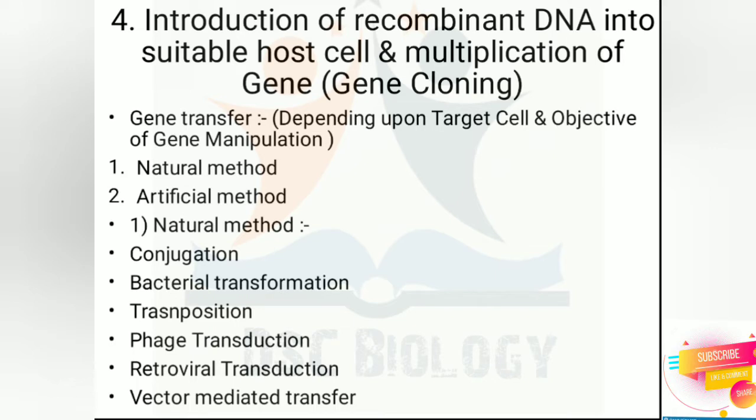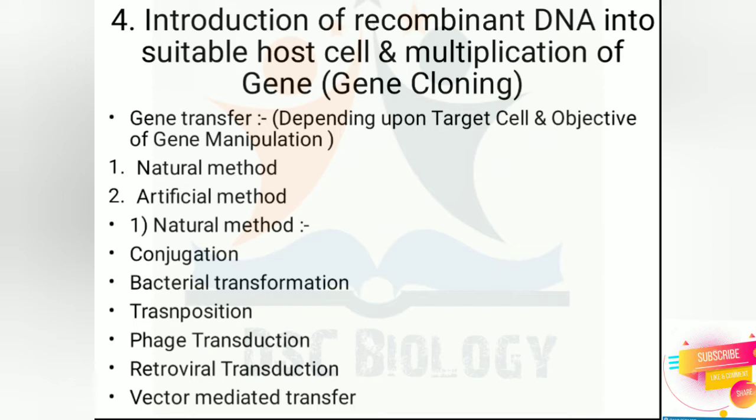Next is the gene transfer. For the introduction of recombinant DNA into the cell, that is the transfer of recombinant DNA, there are mainly two processes of gene transfer: one is a natural method and another is an artificial method.